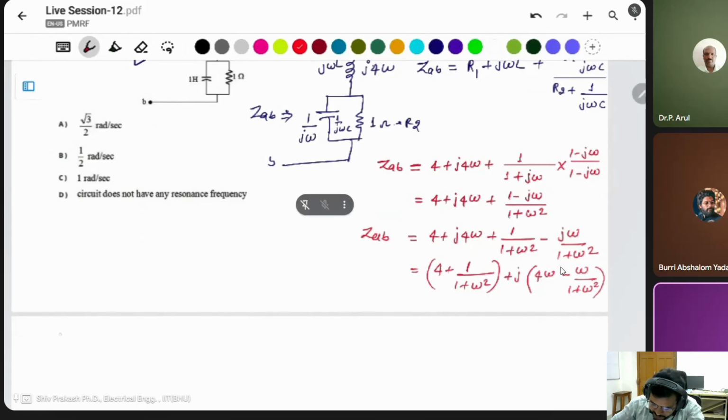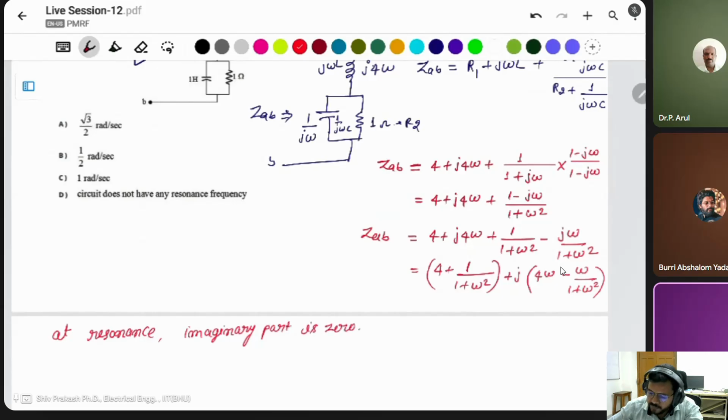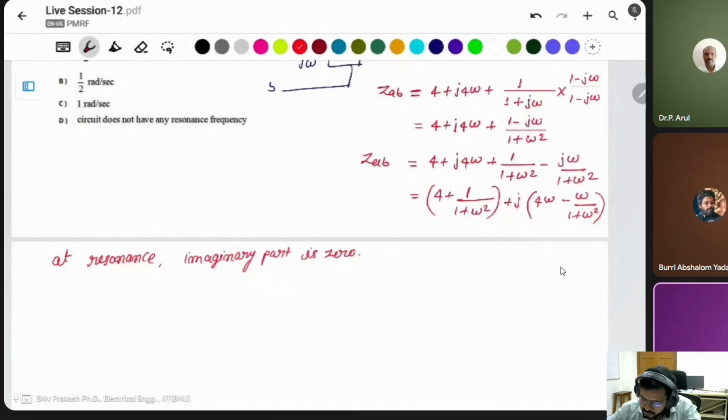Now at the resonance condition, the imaginary part is 0. What is the imaginary part?